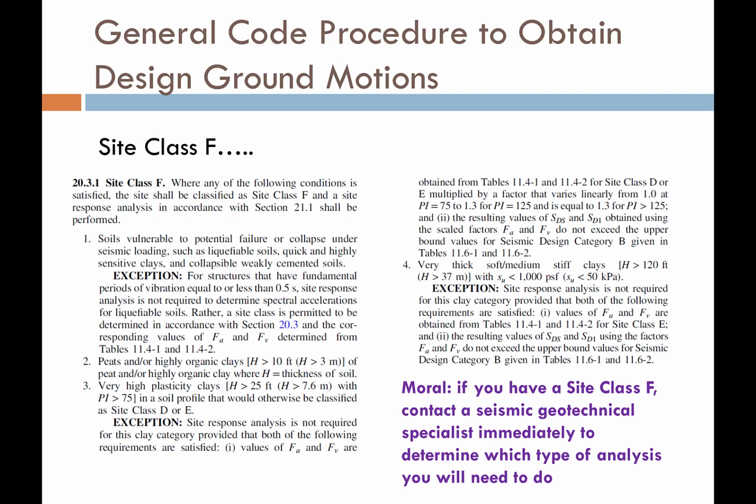It has to be a seismic geotechnical expert, and they'll know what to do. The price tag for this, again, is going to vary anywhere between $10,000 to $30,000 in general to get your ground motions if you have a Site Class F site.